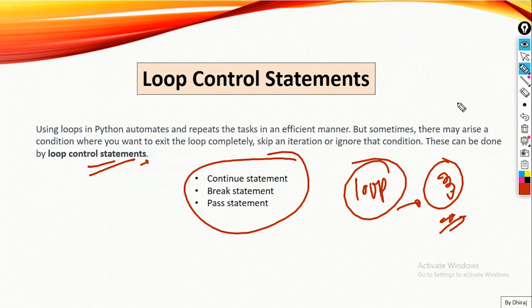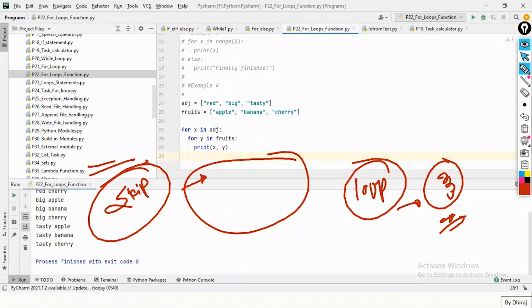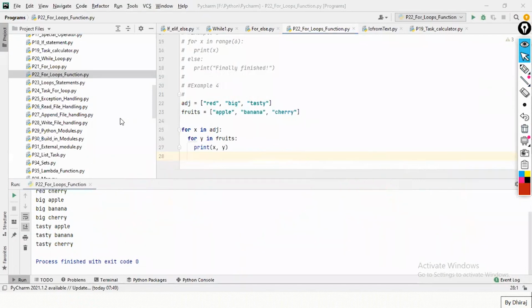Where is the continue statement used? For understanding purposes, we can say continue as keep, right? So we can skip any condition. How to prove it? Let me take an example and then we're going to prove that.